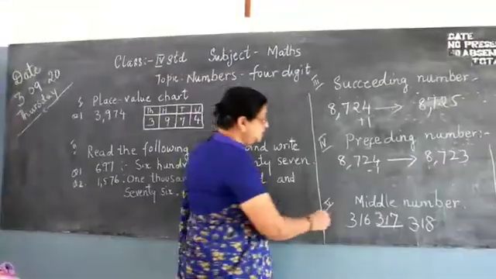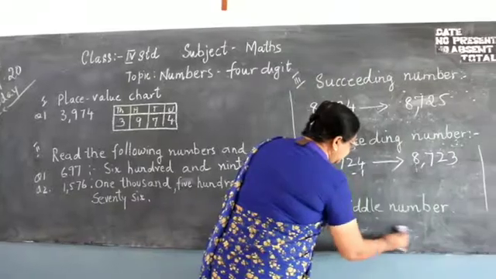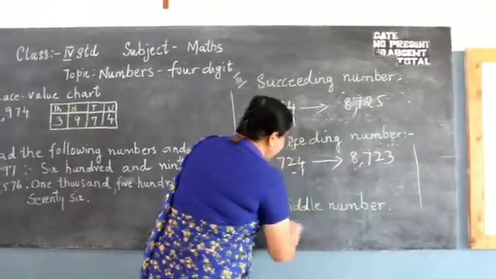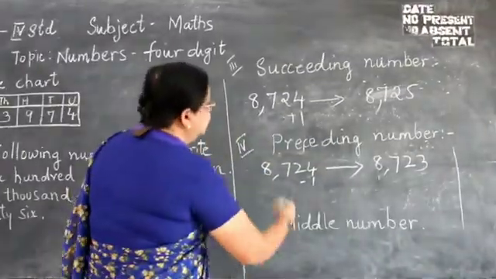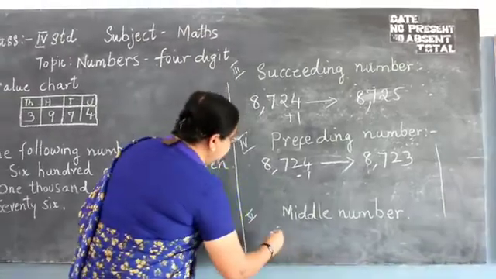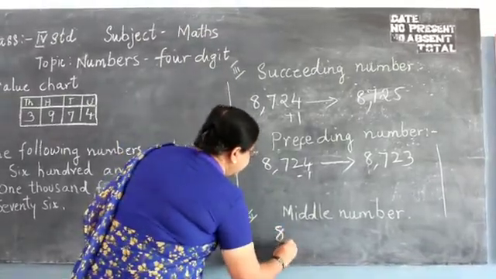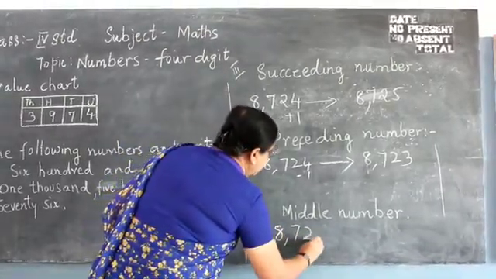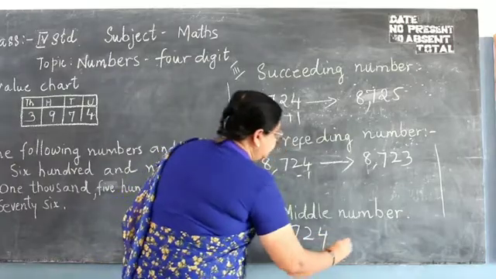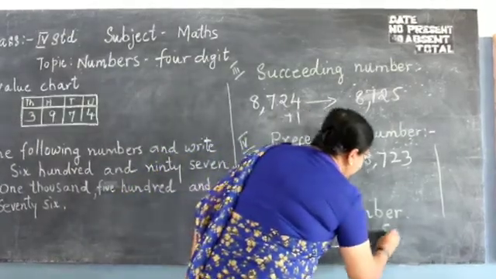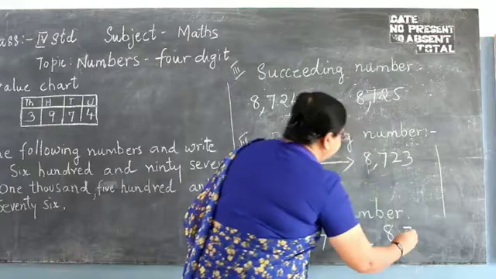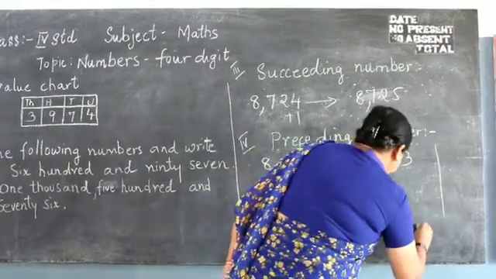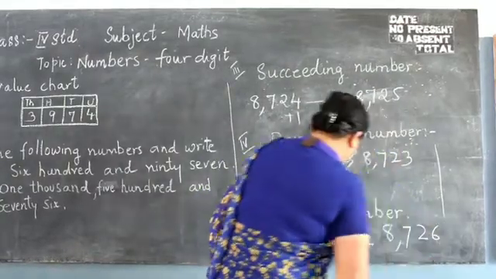Okay. Now in the 4 digit. Let's do the 4 digit, children. Now 4 digit, I give you another number. Shall we take the same number? 8,724 dash 8,726.